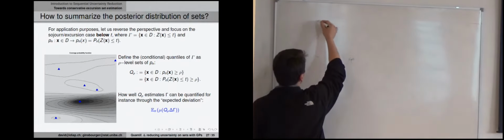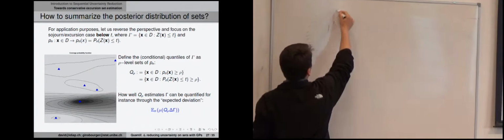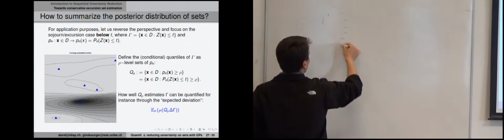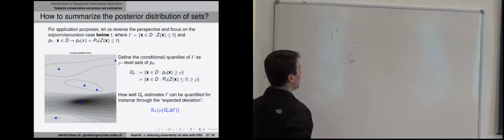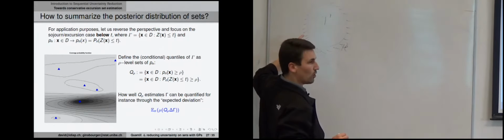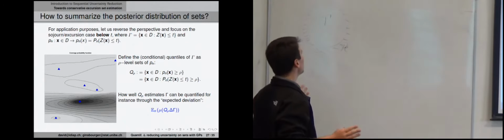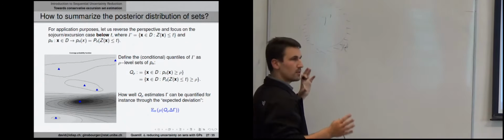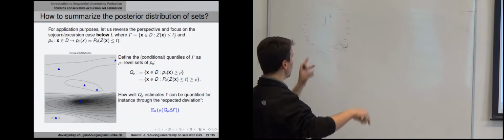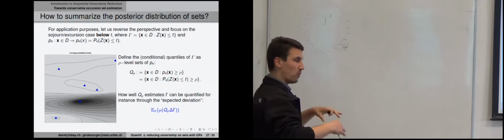That would be those points that are in gamma but not in Q rho, and those points that are in Q rho and not in gamma. And then you can measure the surface of the hashed region. And you can say, well, this is a random quantity because gamma is random, but I can try to find rho such that this quantity, the expectation of that surface here, is going to be minimal.